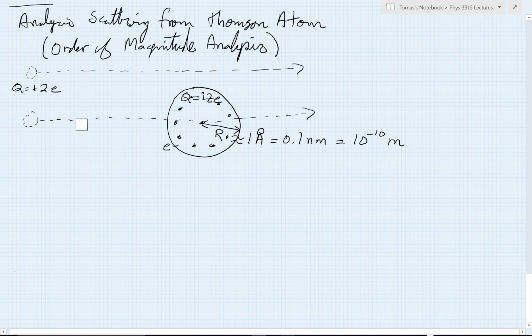But because I happen to have been going straight down the central line, by symmetry, I've got as much positive charge above me as I have positive charge below me, so I'm going to be heading straight on through here. Again, I'm going to have zero scattering. So really, again, just from an order of magnitude approach, the strongest scattering I can expect, I would say, would be somewhere about halfway between these two extremes.